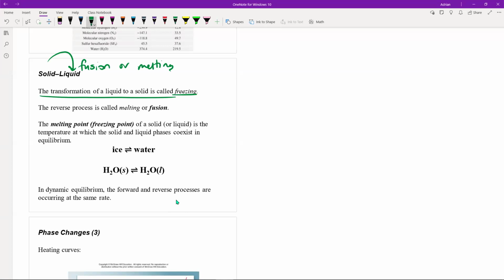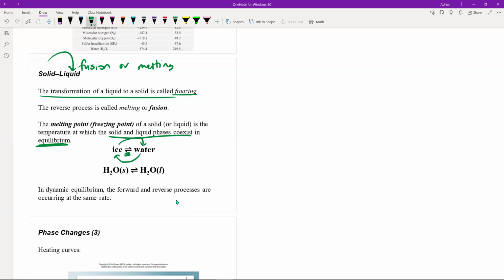We define the melting point of a solid, or the freezing point of a liquid, as the temperature at which both the solid and the liquid phases coexist, meaning we have both phases present at the same time. We represent that with a double-headed arrow. That means ice is turning into water, but water is also turning back into ice.